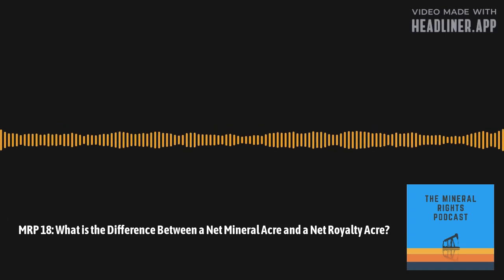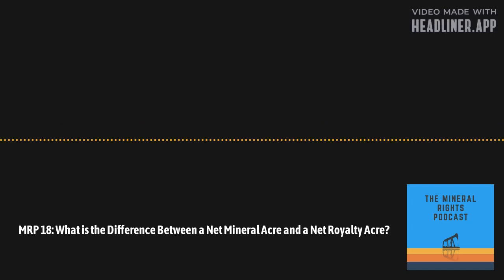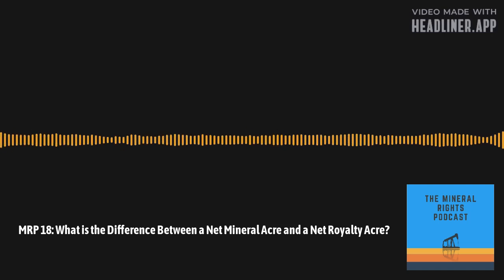You don't even have to know the number of net mineral acres they own, which is really useful. If you know the dollars per net mineral acre, you can just assume one net mineral acre and use that to figure out how many net royalty acres. I call it a hack, basically: if you're talking to your neighbor and they say, yeah, I got an offer for $5,000 per net mineral acre, that's all you would really need to know.